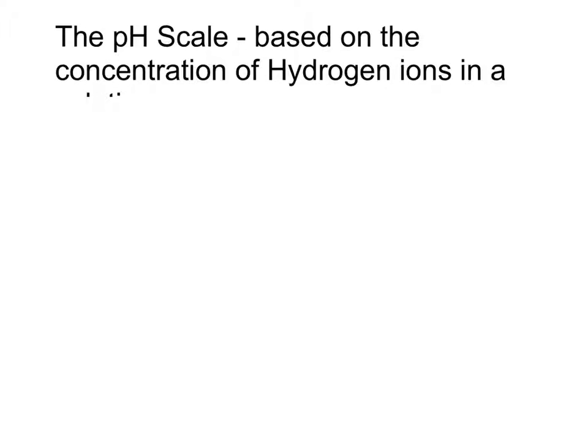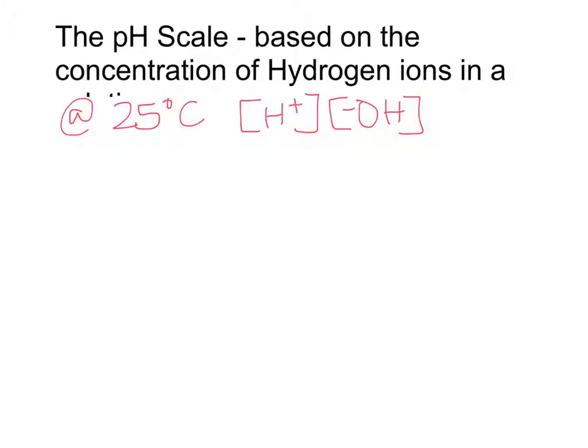As already mentioned, pure water contains an equal concentration of hydrogen ions and hydroxide ions. At 25 degrees Celsius, the product of the hydrogen ion and hydroxide ion concentrations in an aqueous solution is equal to 10 to the minus 14.